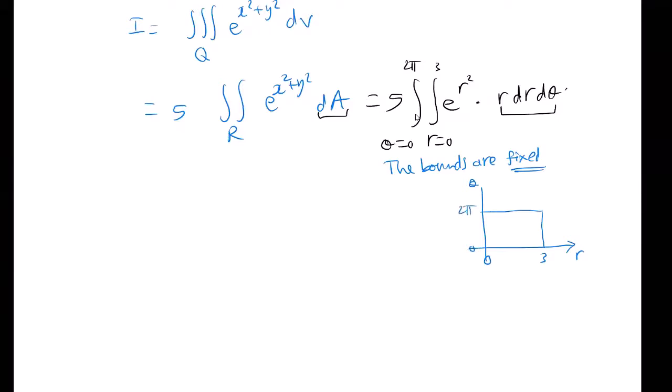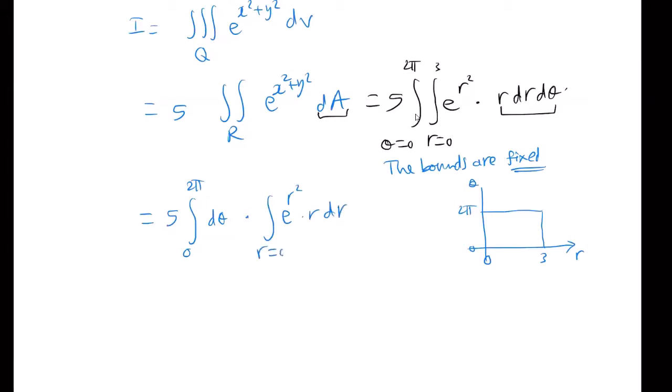In this situation, we can make some simplification. We can do it as the integral of the function of theta times the integral of the function of r, because they are a product of separable functions. This is d theta from 0 to 2 pi times the other integral, e to the r squared times r dr.